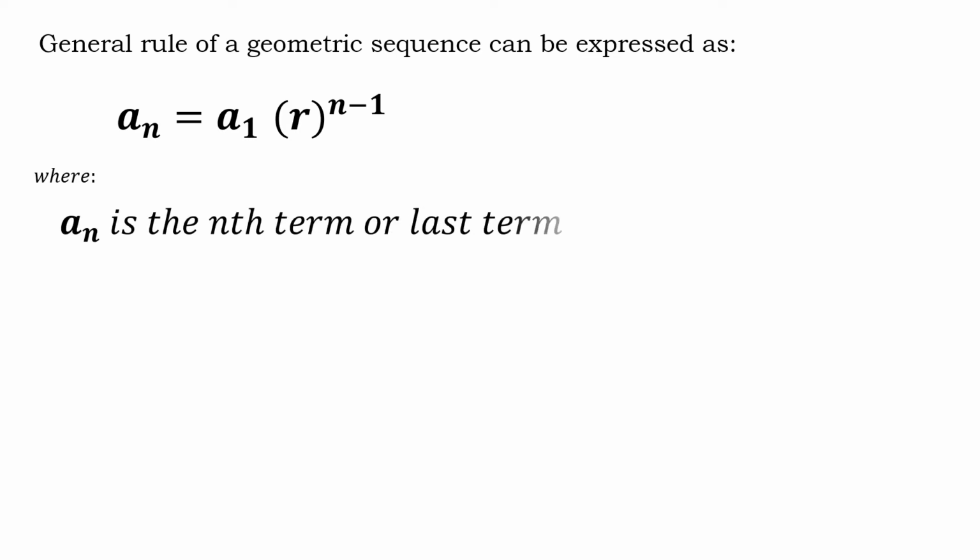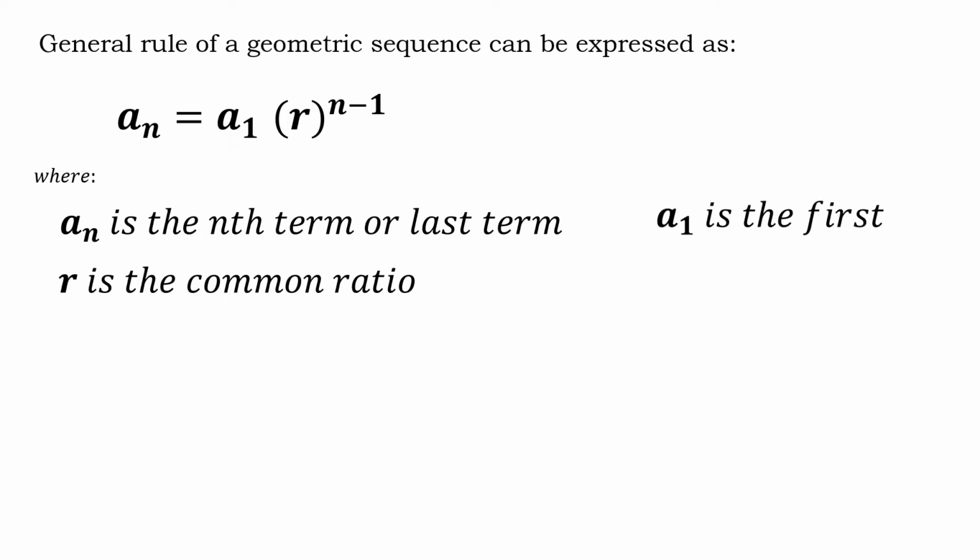Alam natin na sa a sub n, ito yung last term or kung pang ilang term siya sa sequence. And r is the common ratio. Pinag-usapan natin earlier lang kanina. And we have a sub 1 which is the first term. And n is the number of terms, kung ilang terms meron yung sequence natin.